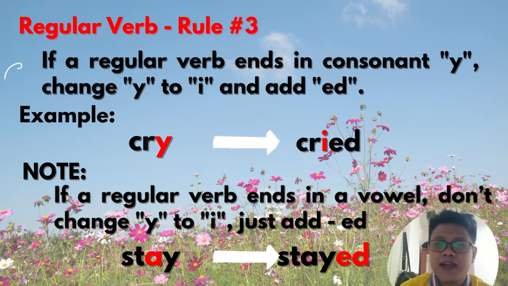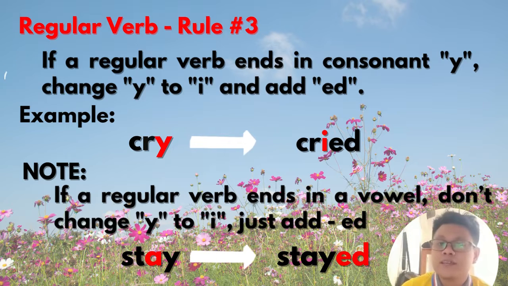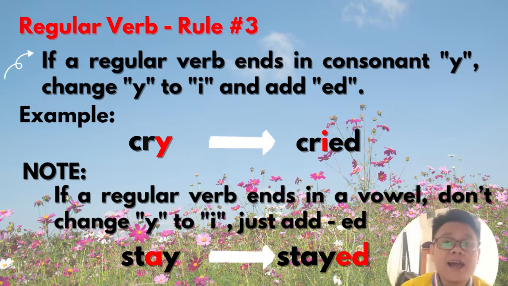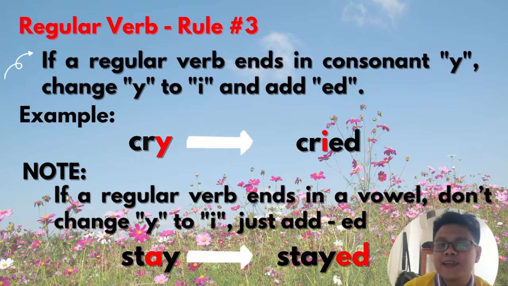Cry, cried. Okay, so take note, if a regular verb ends in a vowel plus Y, don't change Y to I, just add ED. For example, stay. As you can see the difference, the vowel and the consonant.